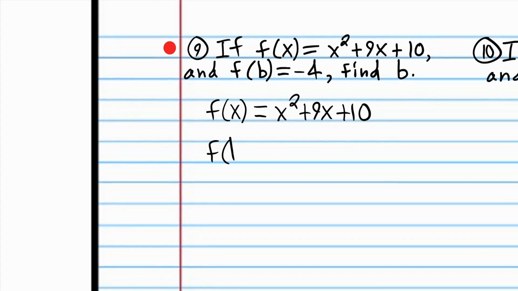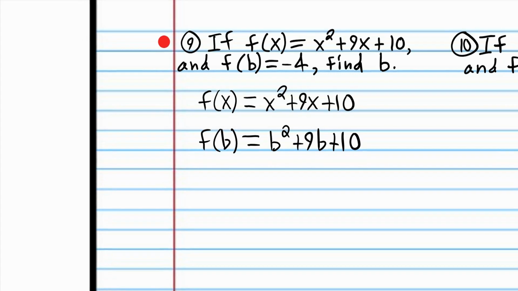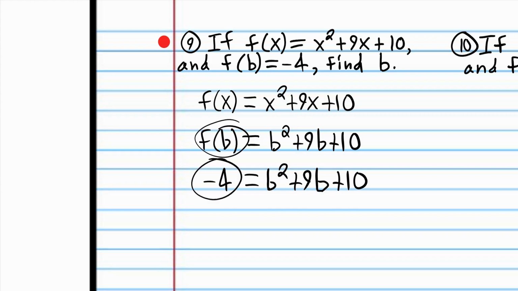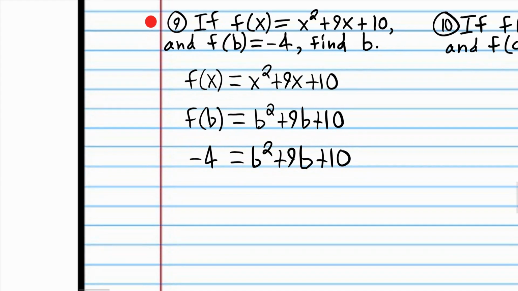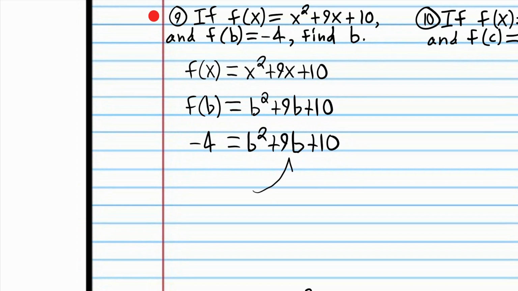But if that's true, then that means that f of b has to be equal to b squared plus 9b plus 10. And f of b is negative 4. So I'm just rewriting the same exact equation, and I'm just replacing f of b with negative 4. So what this tells us is if your input is b, then your output is negative 4.